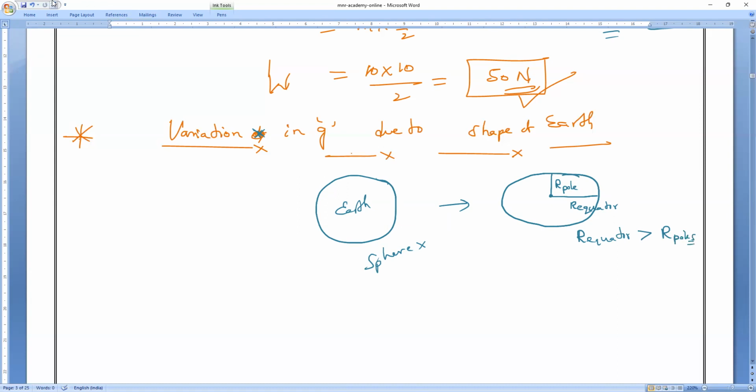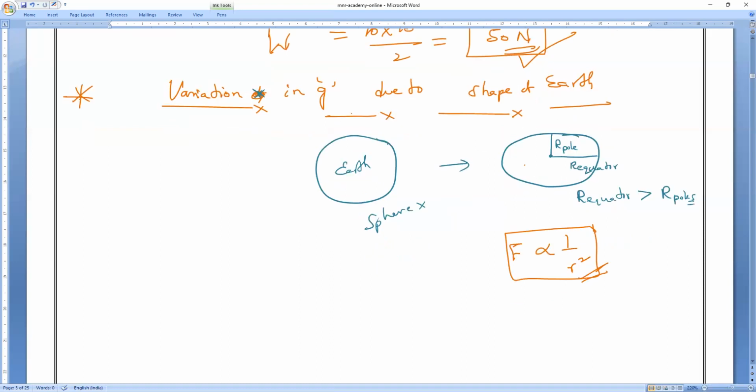Now, if you observe the formula, what is the relationship between force and the distance between them? Everybody? Force and distance between them, square of, inversely proportional to each other. Now, see that if R keeps on increasing, what will happen, everybody? R value keeps on increasing.